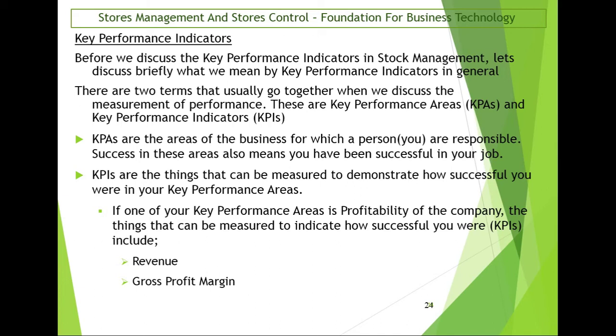For example, if one of your key performance areas is profitability of the company, the things that can be measured to indicate how successful you were, they could include the revenue or the gross profit margin, because these are to do with the profitability of the organization.